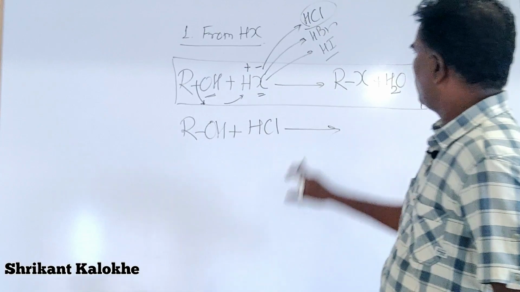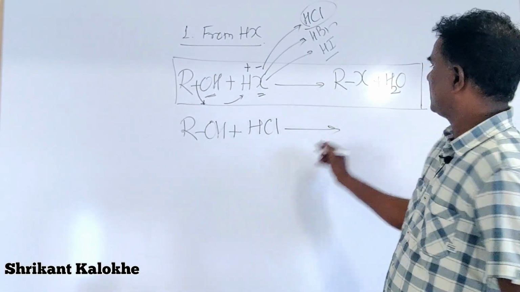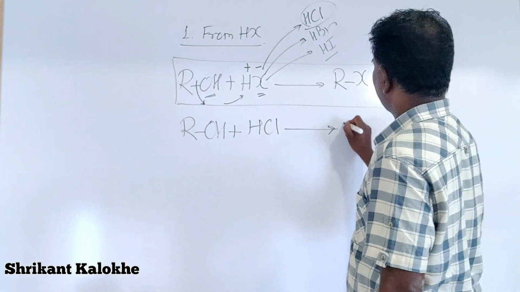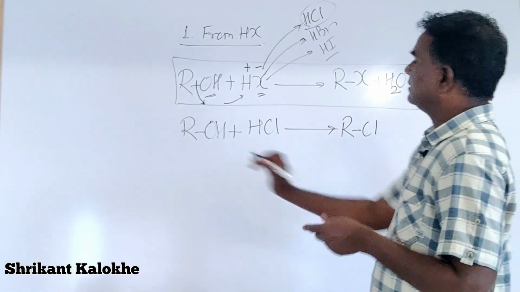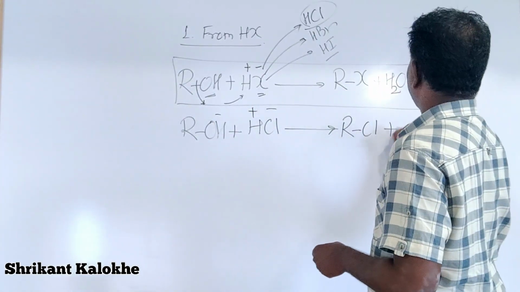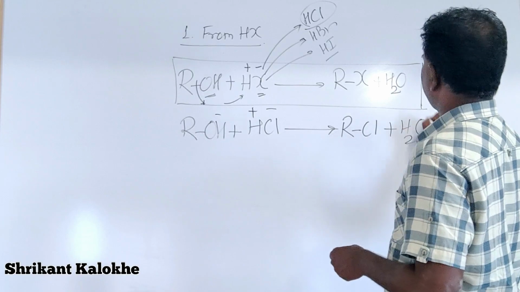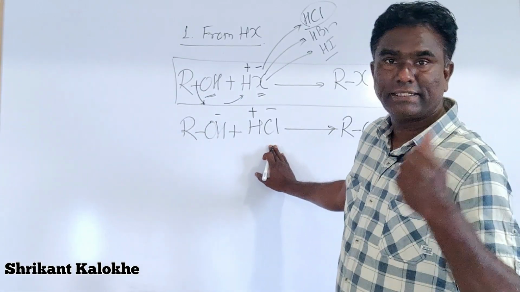In this specific case, RX would be RCl, and the side product would be H plus OH minus, H2O. So this would give us alkyl chlorides.